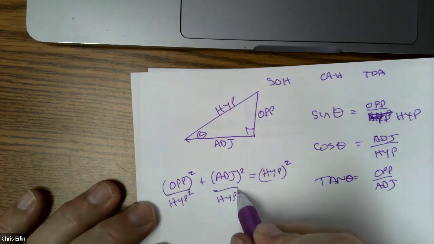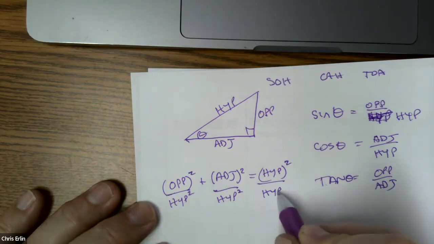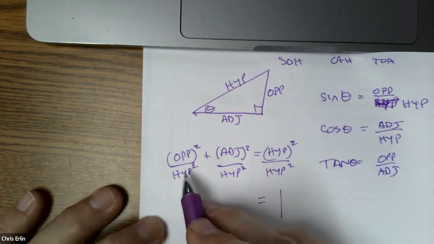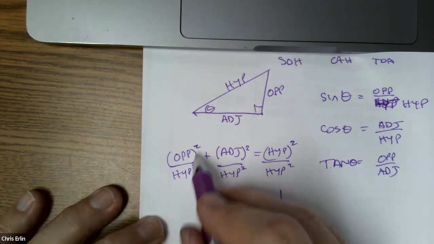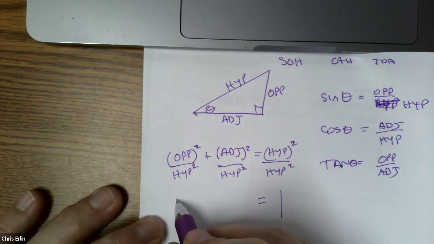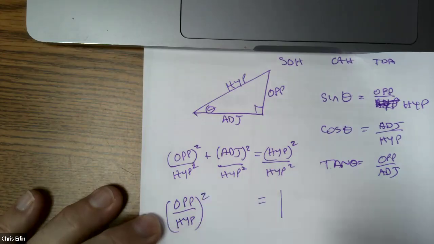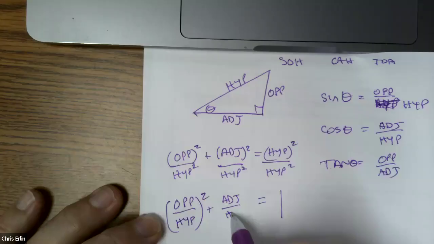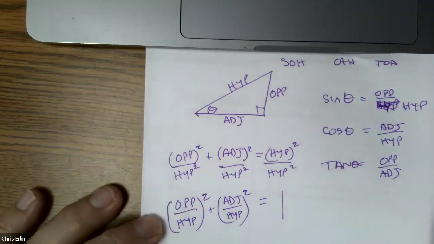As long as I do it to everything. What is hypotenuse squared over hypotenuse squared? 1. OPP divided by HYP, both of them squared, is the same thing as OPP divided by HYP, quantity squared. And this one's the same as ADJ divided by HYP, quantity squared.